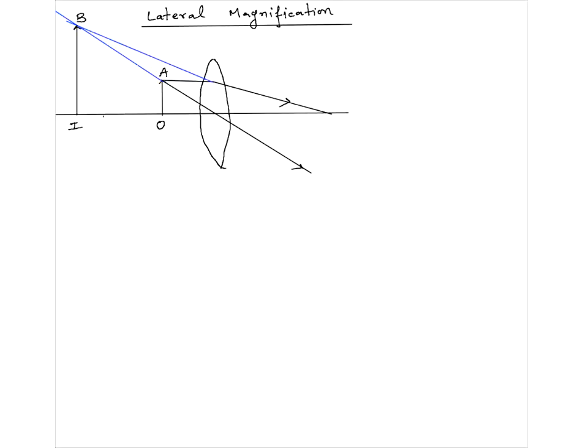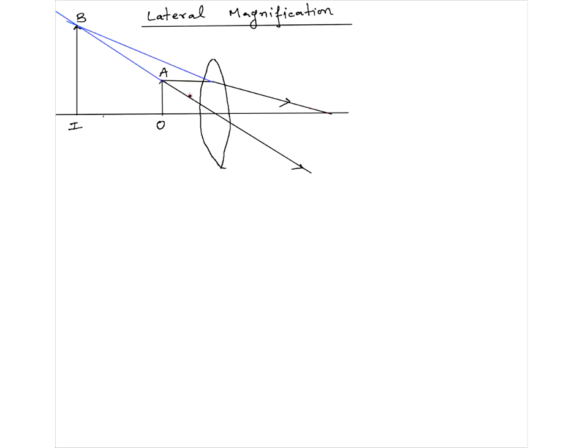Technically speaking, there are two refractions, one here and one there. So technically speaking, there should be one bending here, one more bending here. But often we don't show two bendings in thin lenses. Parallel ray goes through focus.